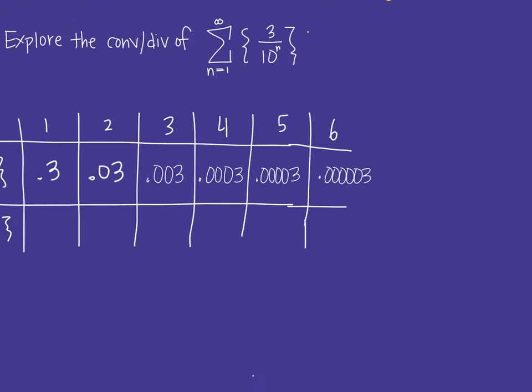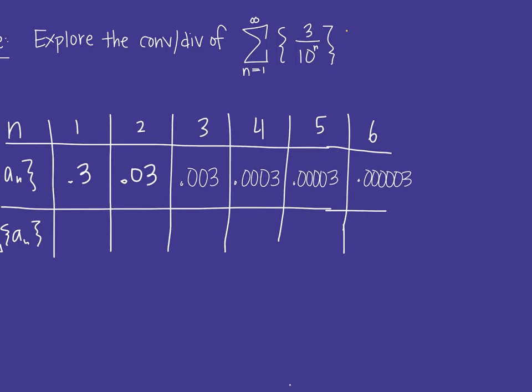Okay, what would you say is happening as we explore those terms? They are converging. They're getting smaller and smaller and smaller as they approach... No, as n approaches infinity, the sequence approaches 0. So this converges to 0. Will it ever get to 0?